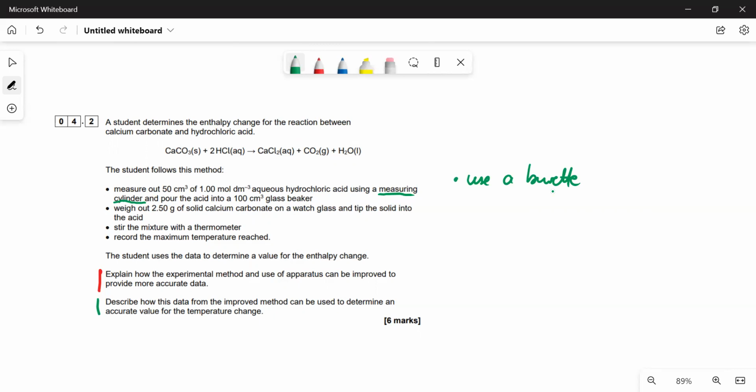Right. Now this one, weighing out the solid. So again, they weigh out 2.5 grams. They really should measure the mass of the empty watch glass and subtract it, because there could be a little bit left on the watch glass afterwards, to find the real mass added.